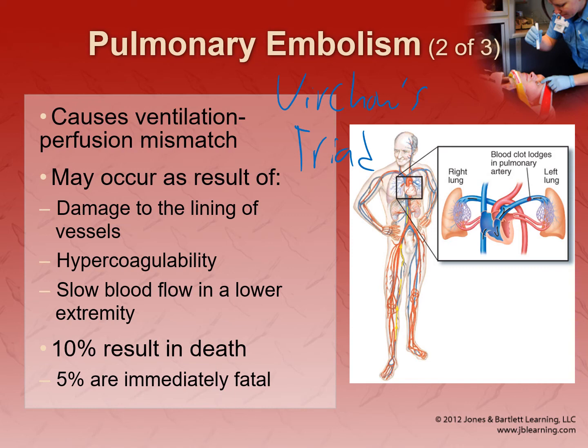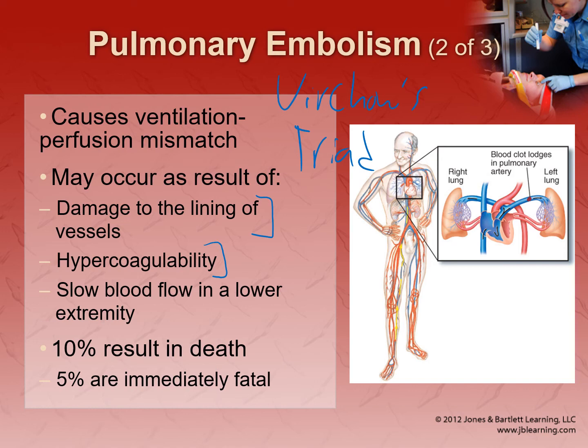The three factors are you have to have some kind of insult to the blood vessel, so an endothelial injury, and that can be diabetes, high blood pressure, something that causes inflammation and instability in the lining of the blood vessels. Then hypercoagulability is something that predisposes them to forming blood clots, more likely to form them than a normal person.